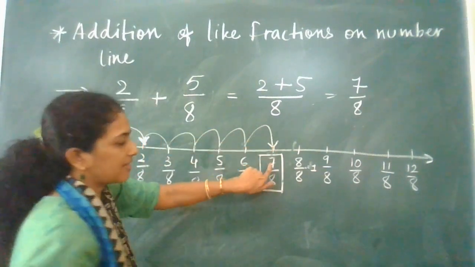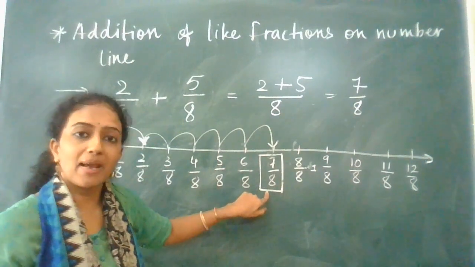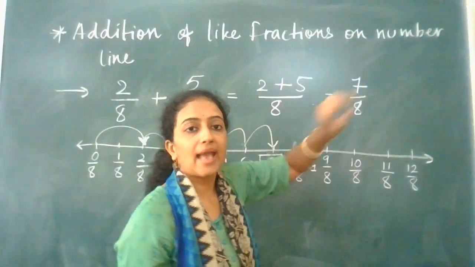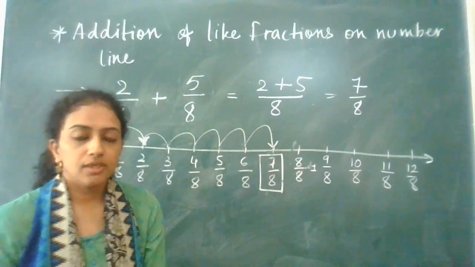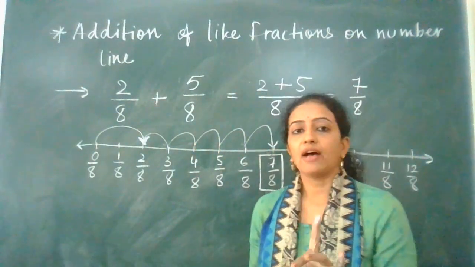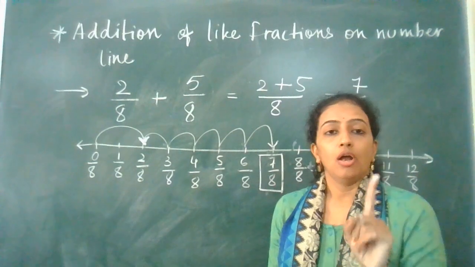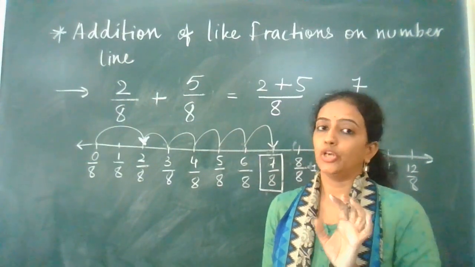And here we are with 7 upon 8. So my answer is 7 upon 8. This is the method I can check my answer. Always remember, if you are doing addition or subtraction of fractions, you just have to do it with the numerator. No addition with the denominator, no subtraction with the denominator.